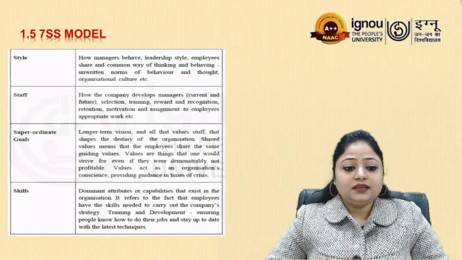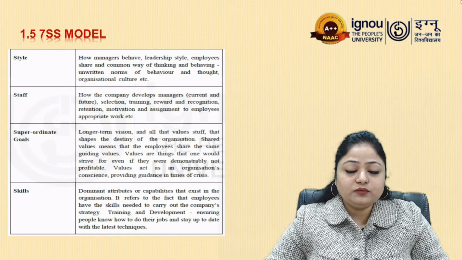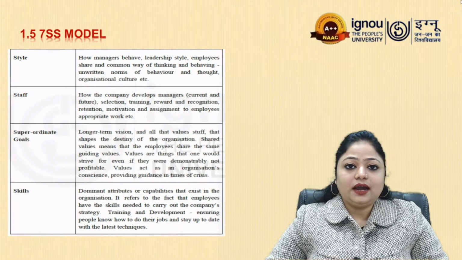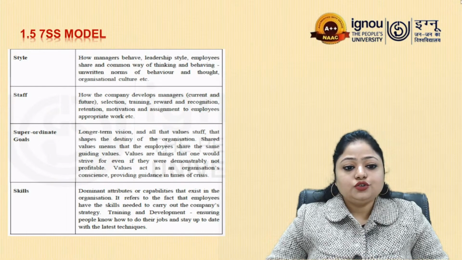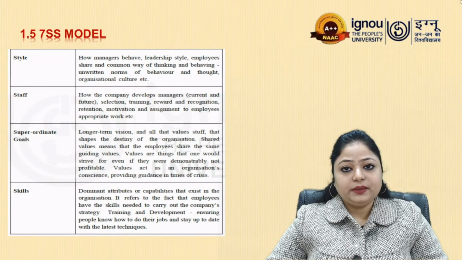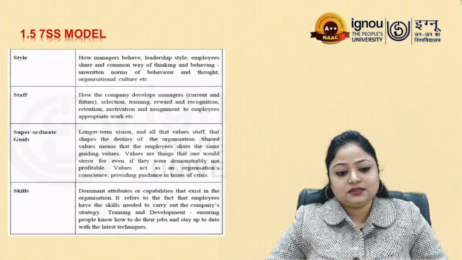Then next, skill, is just as important. Without skill, we cannot perform jobs and duties that are to be accomplished within a stipulated time. So the dominant attributes or capabilities that exist in the organization are termed skills.